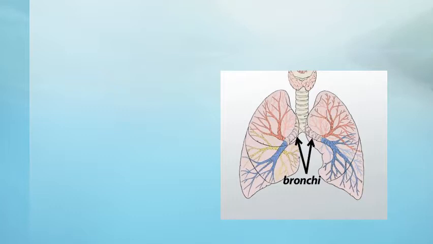So, along with the trachea, the bronchi also have cilia that filter the air. And then bronchi also produce the mucus that moves up and out. The mucus is a sticky fluid that collects dust, germs, and other matter that has invaded the lungs and is what we expel when we sneeze and cough.